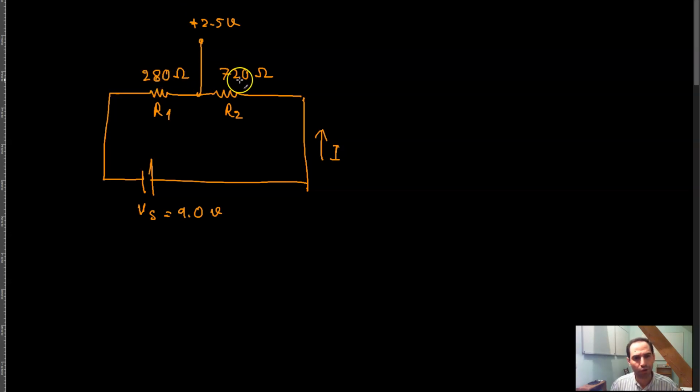And this 2.5 volts you can get through any ratio. As long as you keep that ratio, you will get the same voltage, meaning that multiply this resistor by 4, multiply this resistor by 4, you will get the same voltage over here, or divide this resistor by 4, divide this resistor also by 4, you will get the same voltage over there, right?